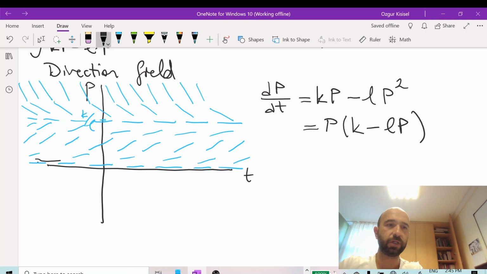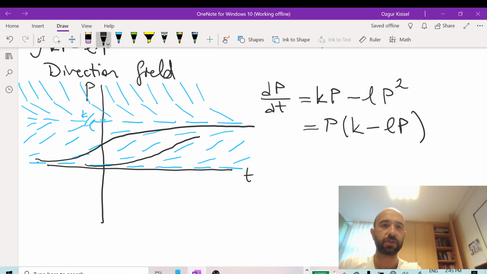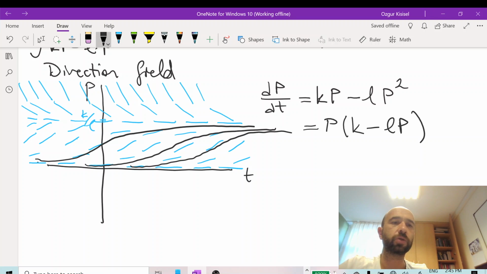If you start somewhere here, it will increase first, then it will decrease towards this asymptotic value. Sorry, not decrease, but will increase with a smaller derivative. So all of these curves will be asymptotic to p equals k over L. If you start above this critical value k over L, population will decrease towards this value, again asymptotically.